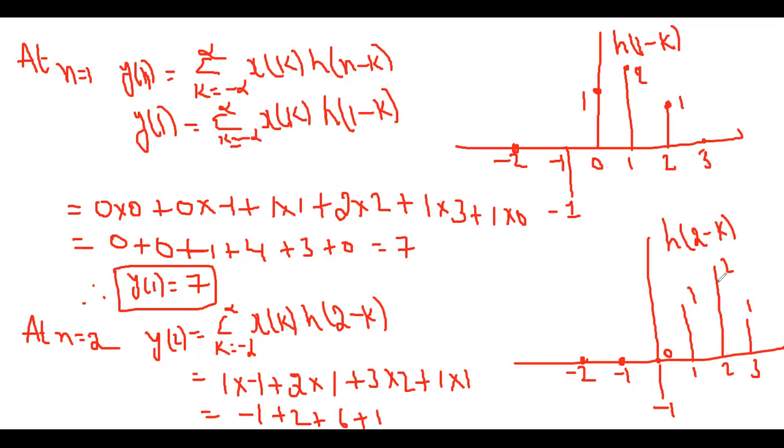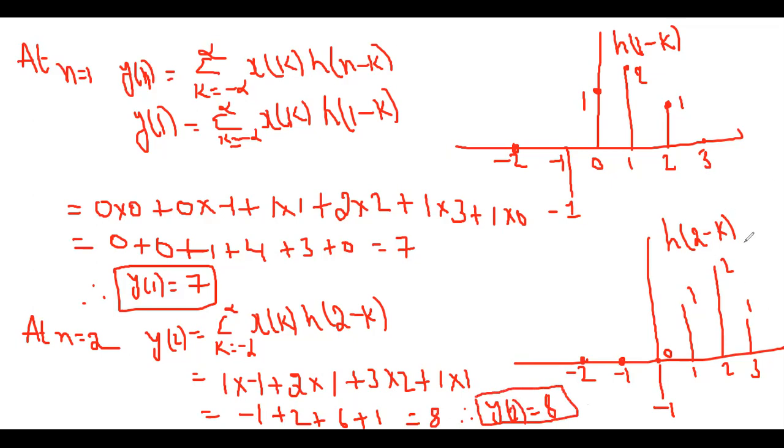The x value is a 3 and h of 2 minus k is a 2. So you can multiply the 3 into 2. And n is equal to 3. X value is a 1 and h of 2 minus k is also 1. So minus 1 gets cancelled. The value is 8. So therefore y of 2 is equal to 8.